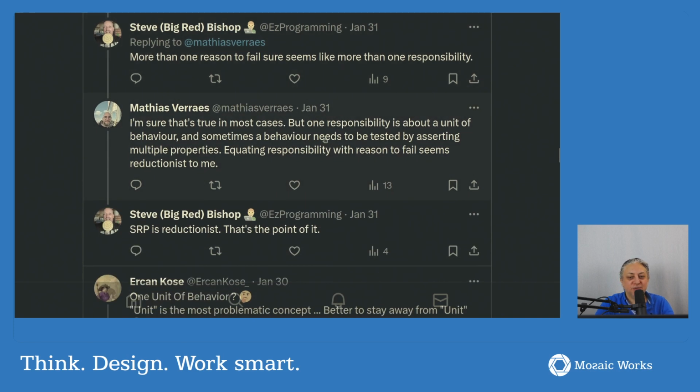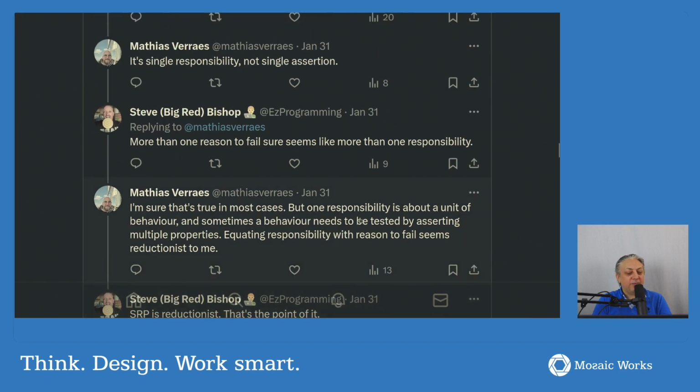Matthias, I'm sure that's true in most cases, but one responsibility is about a unit of behavior, and sometimes a behavior needs to be tested by asserting multiple properties. Equating responsibility or reason to fail seems reductionist to me. Steve Bishop, SRP, single responsibility principle, is reductionist, that's the point of it. So, should we have only one reason to fail for a test?